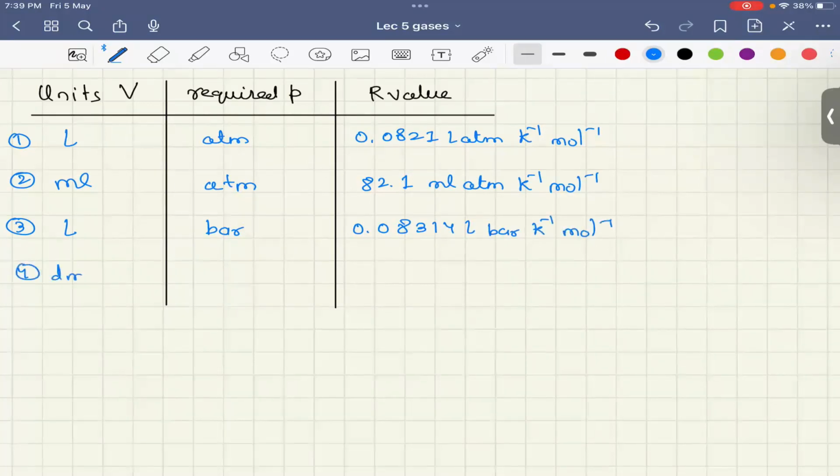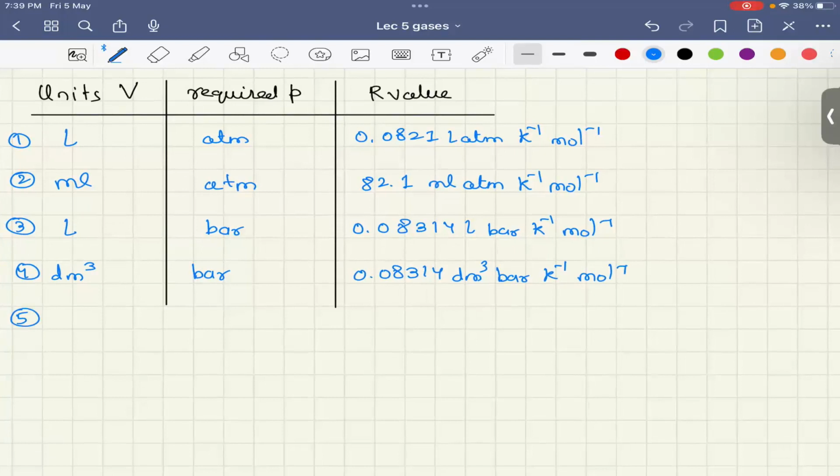And decimeter cube is nothing but liter, right? So with bar, this is going to be 0.08314 liter or decimeter cube bar Kelvin inverse mole inverse, right?